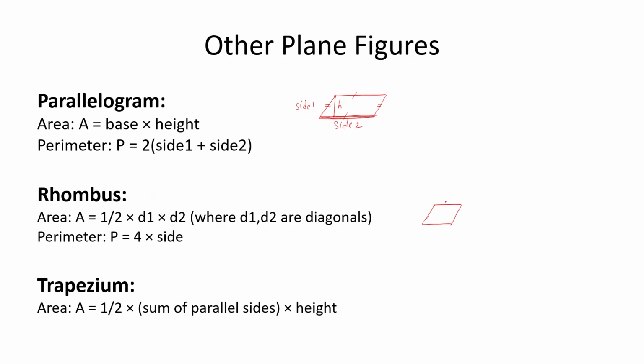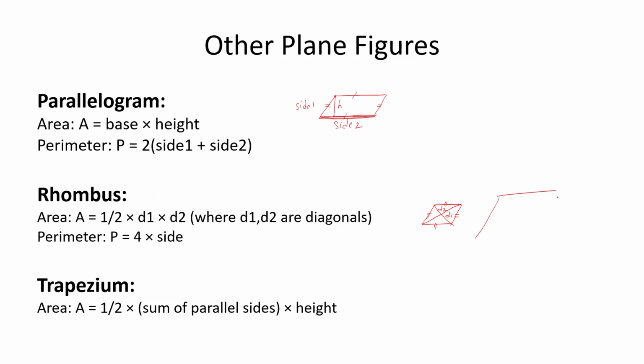So here, this side is the same as this side, the same as this side, the same as this side. Means all 4 sides are equal. How to compute area? Area is equal to 1/2 into D1 into D2. What is D1, D2? D1, D2 are the diagonals. So here you can see that the lengths of the diagonals are different. This is D1, this is D2.